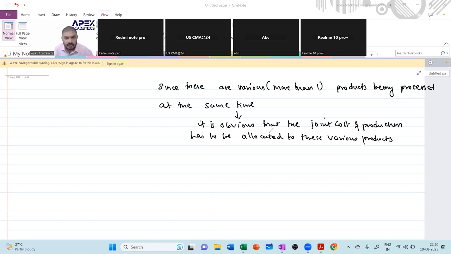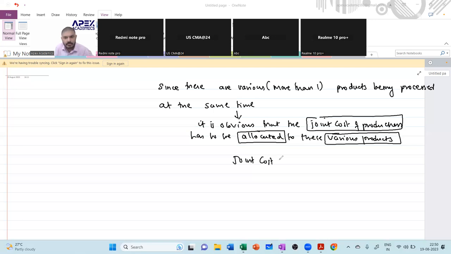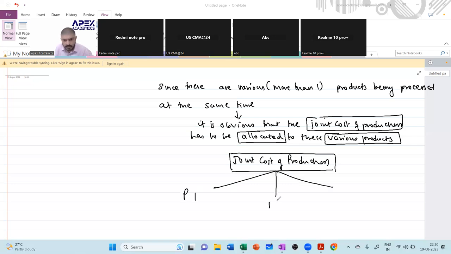What is important? Allocated is an important word. Joint cost of production is an important word, and various products is an important word. Why? Look at the diagram. Joint cost of production, product 1, product 2, product 3.